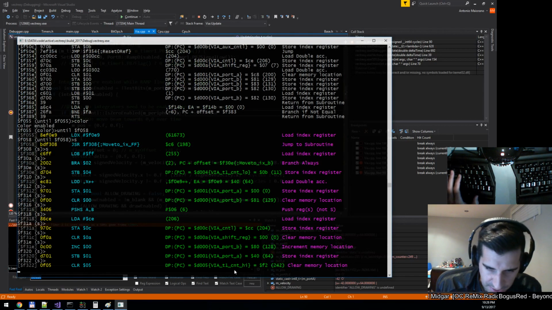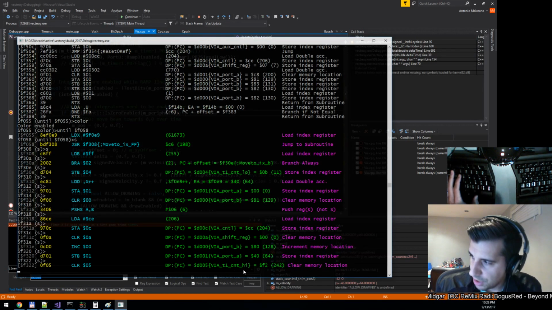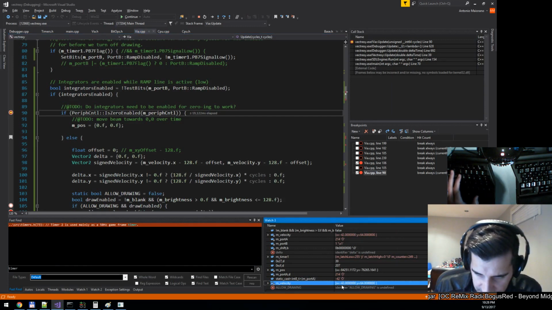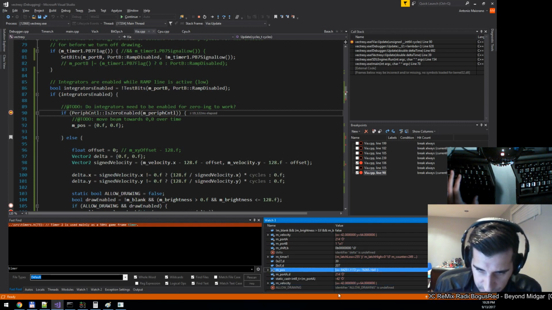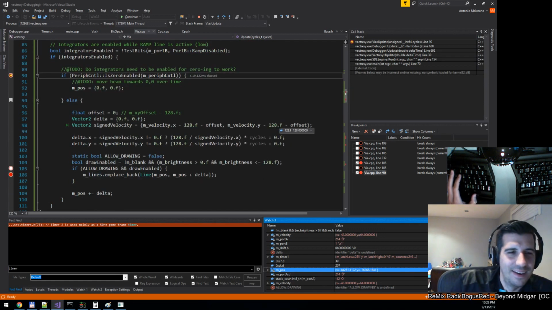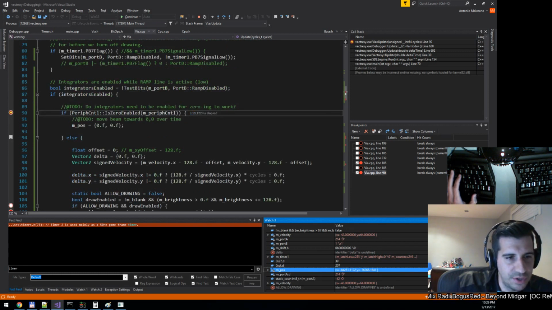By writing into the timer high, we start the timer. So this is good. And let's see, the velocity is now minus 4264. Great. Our position is whack. So that actually might answer my question about the zeroing having to do with having integrators enabled.